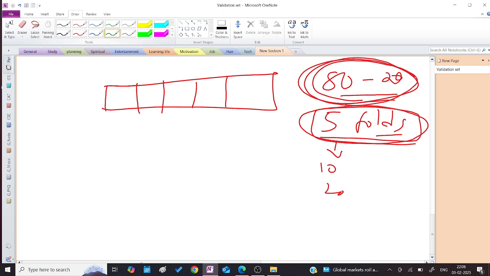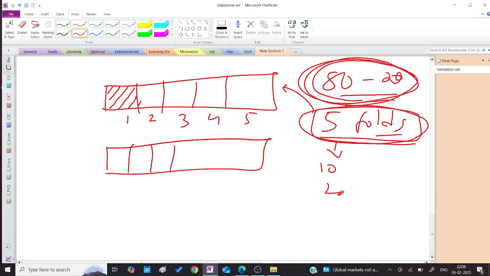So for this example we are dividing the entire dataset into five folds, right? Five parts: part 1, part 2, part 3, part 4, part 5. We choose the first part as testing validation. This is run 1.